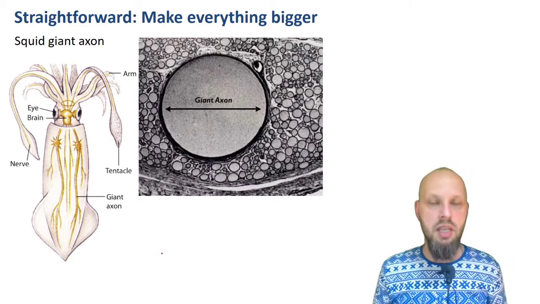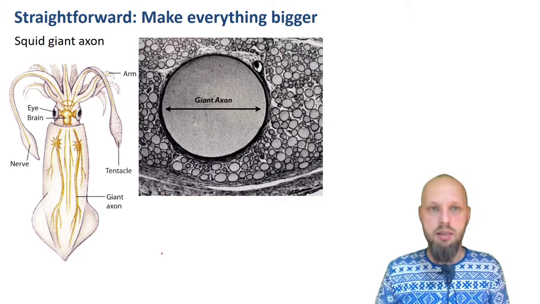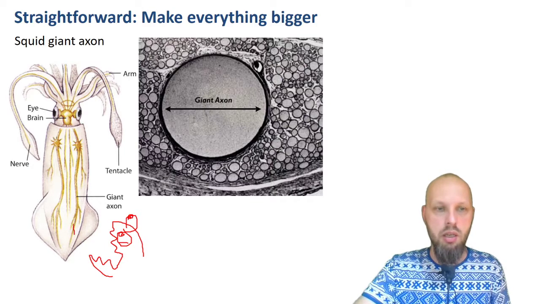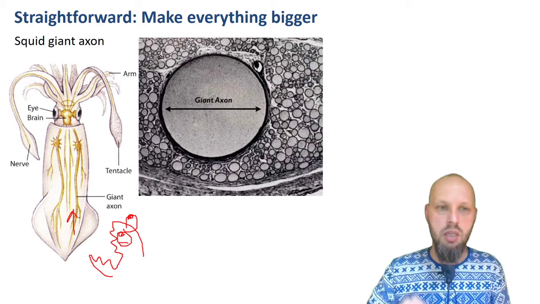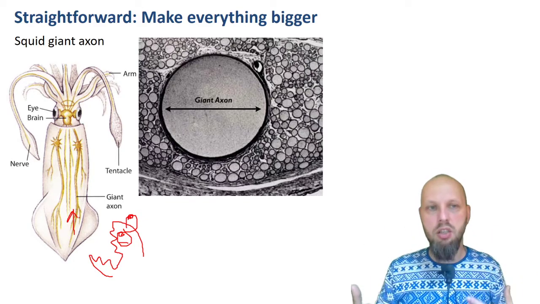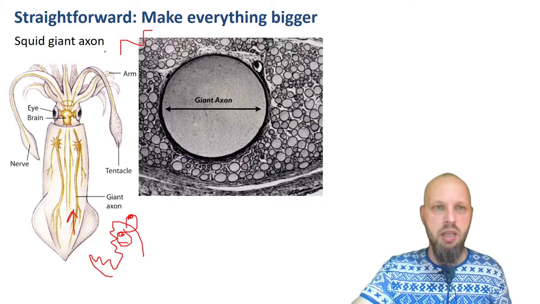Escape responses. If somebody tries to eat a squid and they approach here, that's somebody who tries to eat the squid, okay? The moment they touch the squid, the action potential will propagate through the fibers, and they're so large. I guess actually somebody may be on the other end.